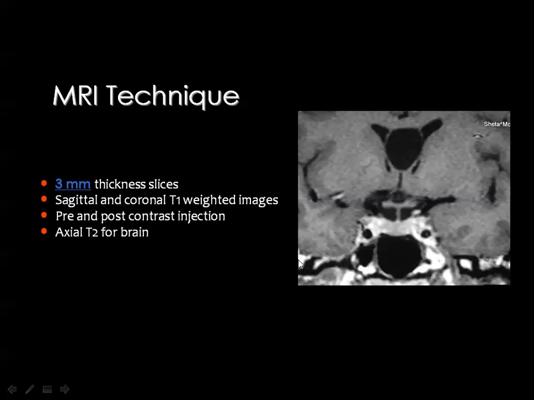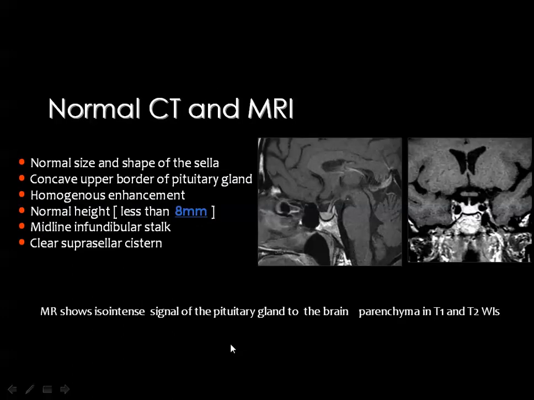And as I will mention after that, we also include the dynamic study in the coronal plane, which means that we rapidly scan the area of the pituitary gland after injection of a bolus of contrast media, so that we can differentiate the enhancement of the pituitary gland from other lesions occurring inside the gland itself.